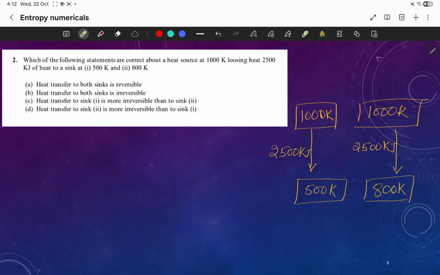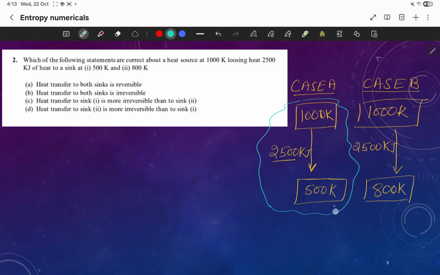Here this amount of heat is transferred from 1000 Kelvin and it is transferred to this 500 Kelvin. So here we have, in first case I am taking this as a case A and I am considering this as a case B. Okay, now if I take this as a universe, what is going to happen?